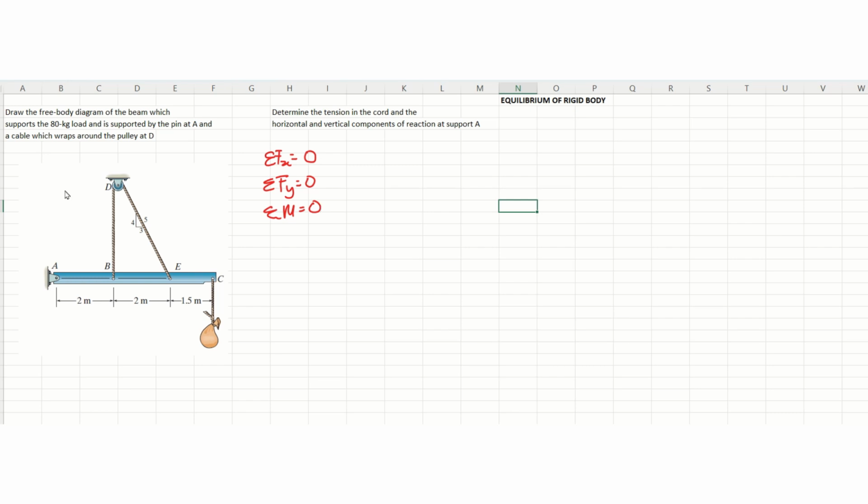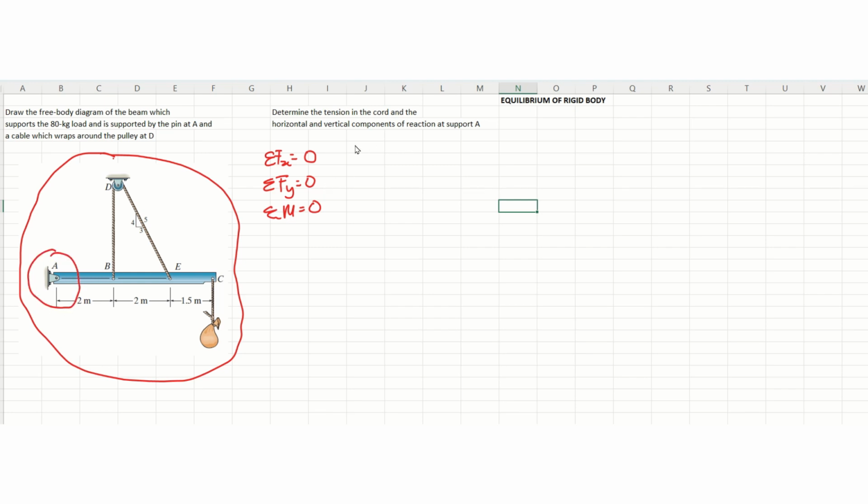Okay, this is the diagram we want to solve. Actually, at the joint diagram, we have a few types of joint. This is one type of joint.